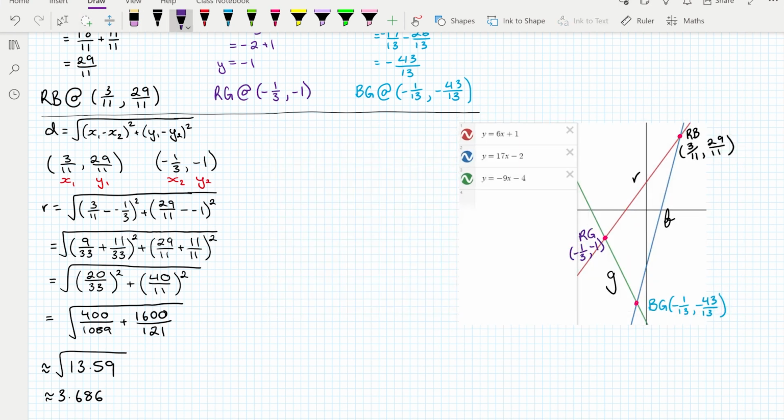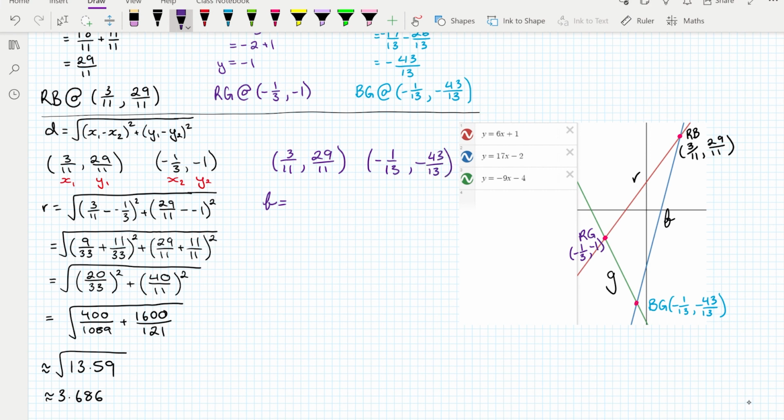Alright, second one, so let's do our blue line now. So blue, our B, sorry, I should write the points up here. So we've got 3 over 11, 29 over 11, where those coordinates and the distance from those to negative 1 over 13, negative 43 over 13.